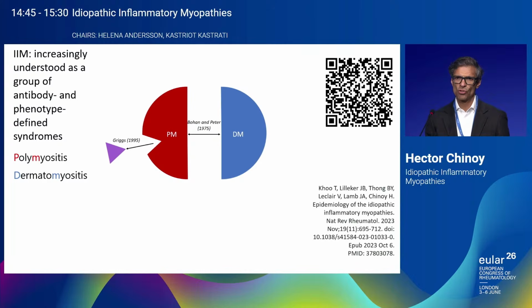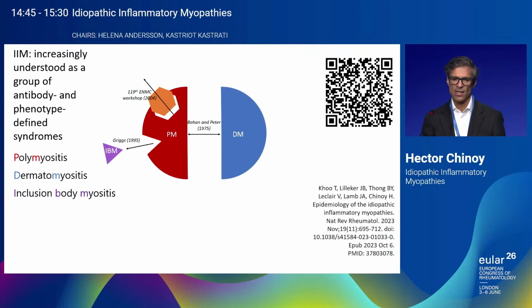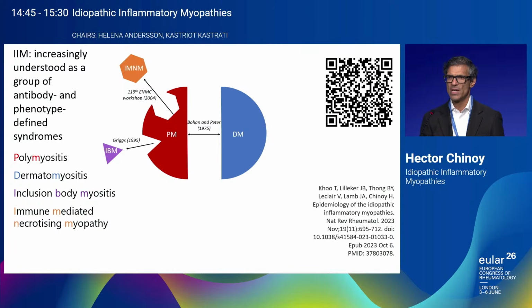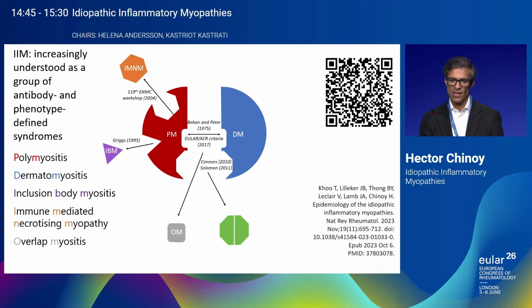And then there are gradual chunks that have been taken out of the term, the artist previously known as polymyositis. So we've got inclusion body myositis, which needs to be taken into account, immune-mediated necrotizing myopathy. Then we've got overlap myositis, which transcends both PM and DM, and also anti-synthetase syndrome.